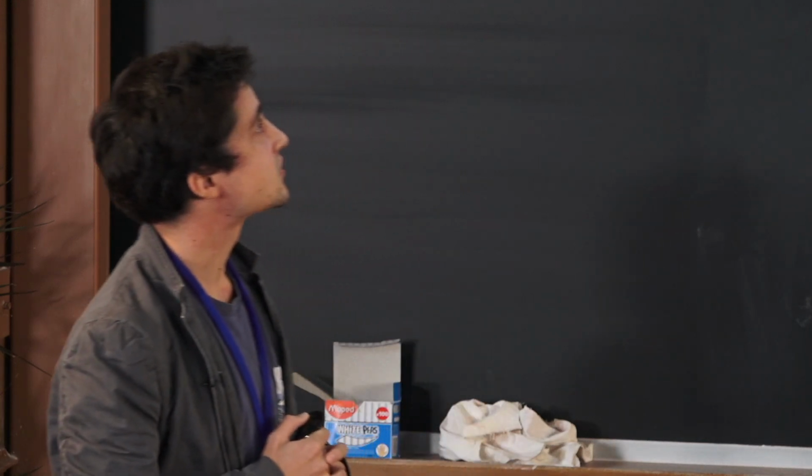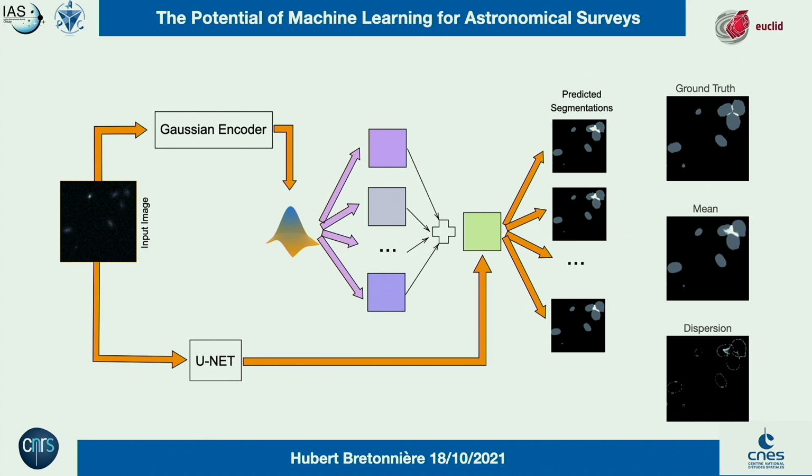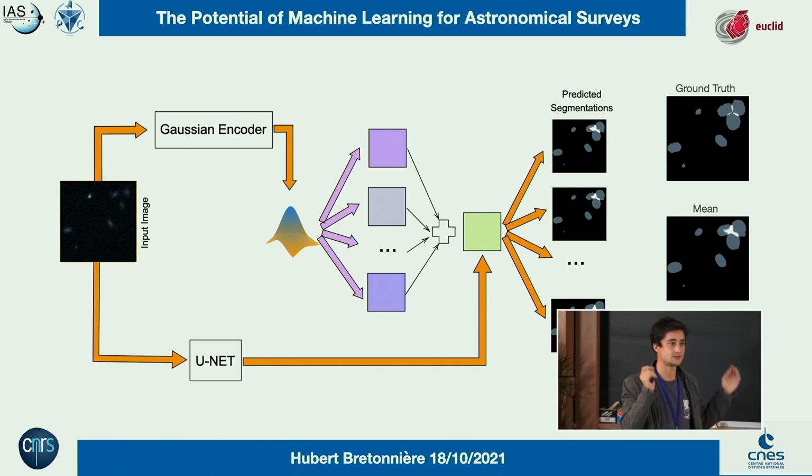Okay. So when you have only your variational autoencoder, what you have in your latent space is the whole distribution of your data set. And the only thing you can do is to sample quite randomly from this latent space, and it will create a galaxy that is good, but you don't have control over the parameters of this galaxy.